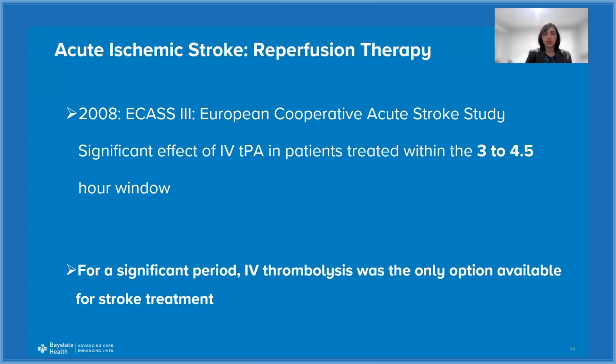And subsequent studies extended this time window to up to 4.5 hours from symptom onset. This was in 2008. So again, it's important to note that for a significant period of time, IV thrombolysis was the only option available for stroke treatment.